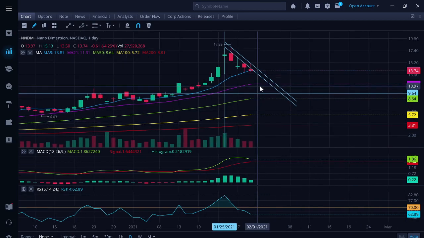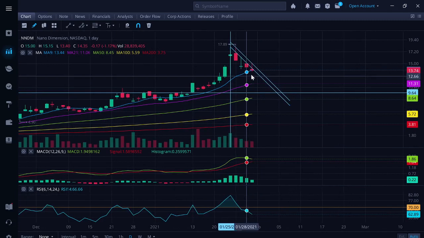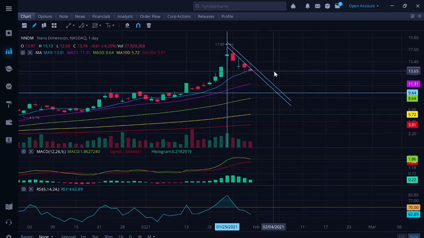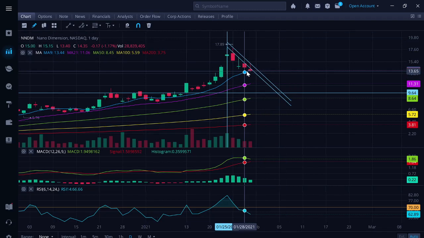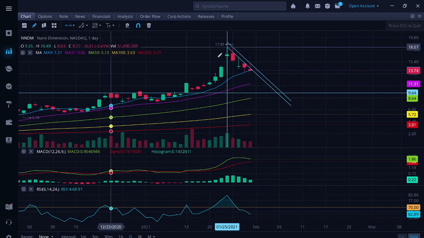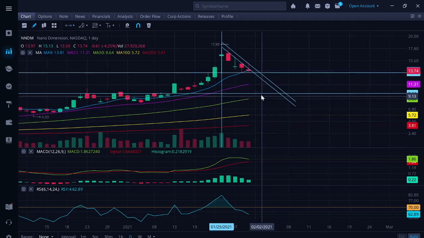One thing to note, though, is that this is an inverted hammer, which typically identifies as a possible reversal. Okay, so we've bounced on this EMA 9 on a daily basis, and we can see that there is another support resistance area right there.